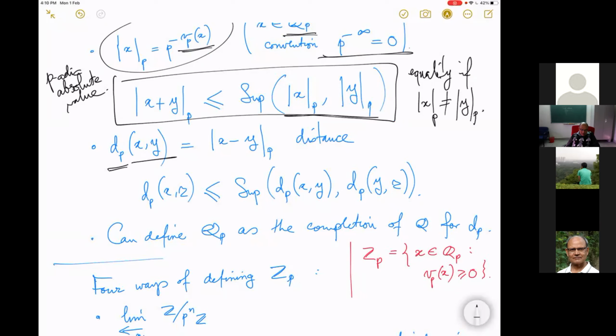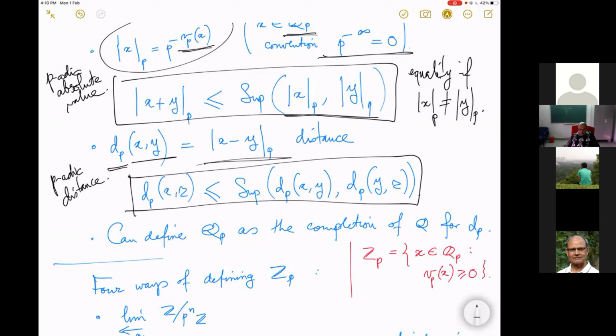So if X, Y are in QP, the P-adic distance dP between X and Y is just the absolute value of the difference of X and Y. And it satisfies this strong form of triangle inequality, which says that the distance from X to Z is always less than the bigger of these two distances, the distance from X to Y and the distance from Y to Z. Okay, so now we've got a distance dP on QP.